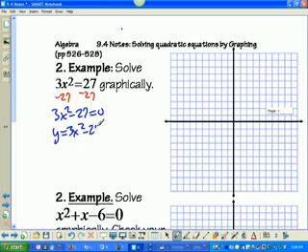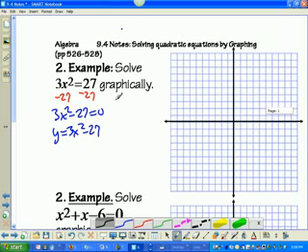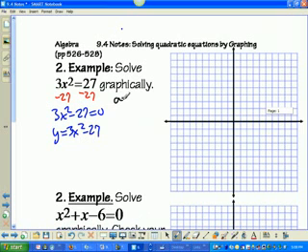Now, I don't care if you graph it by hand or using technology, you still have to know what the vertex is so you can set your graph up so you can see it. And so we still have to find the vertex algebraically. So a in this case would be 3, b would be 0, c would be negative 27.